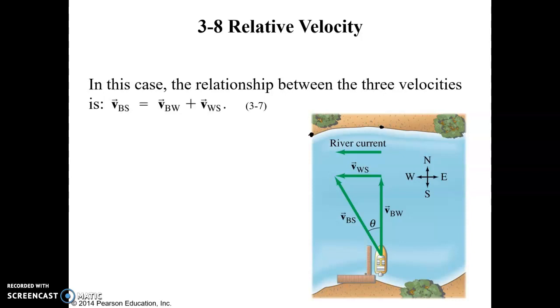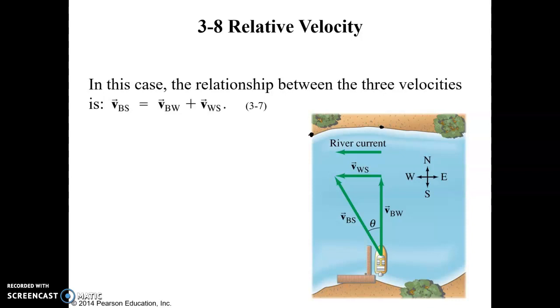So in this particular case, we have a boat traveling across the river. And so it has a certain velocity, but the surface on which it is floating is moving. So relative to the shore, to solid ground, it is moving basically in two ways. It has two velocities.